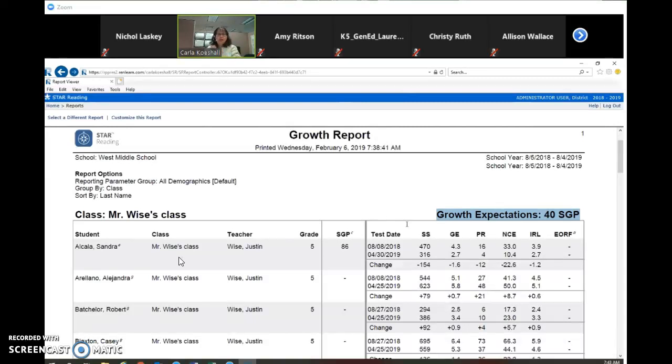The states that are using it now have said, when we look at our students' growth, a median of 50, which is what you guys have set, so that's perfect, a median of 50 is what would be considered typical growth. So if you're looking at a whole class or a whole school, then a median of 50 is going to be typical growth. But when we're looking at individual students, like we are here on the growth report, most states have said, you know what, there can be some fluctuation there.